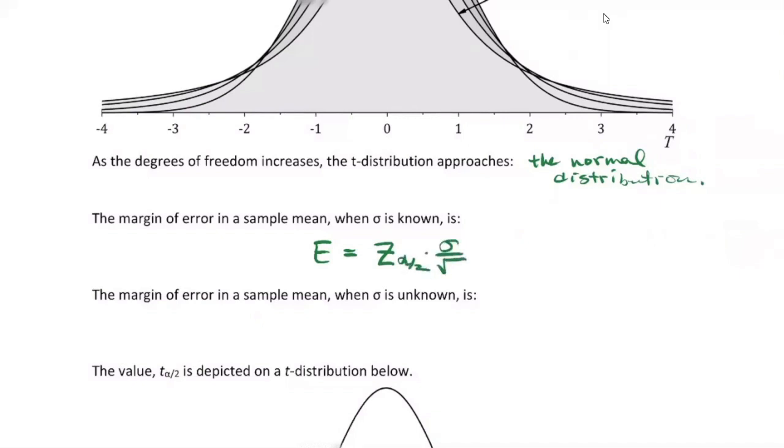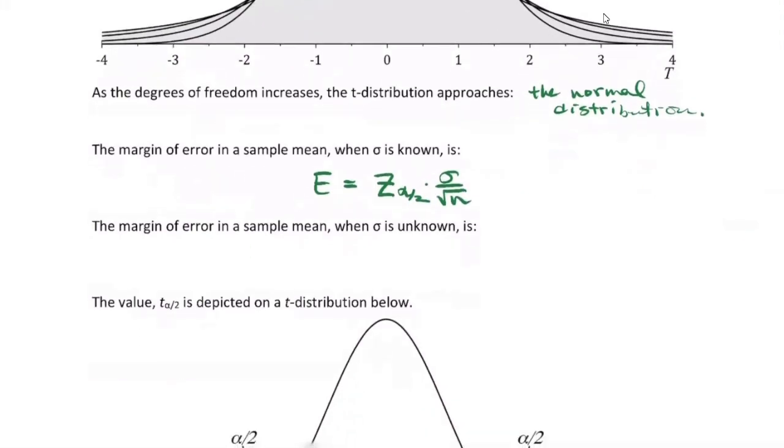We've already done that with a confidence interval. If sigma is unknown, instead of using the Z distribution to get critical values, we're going to use t alpha over 2. And we're having to use a sample standard deviation and divide by the square root of the sample size. So it's really the same computation.